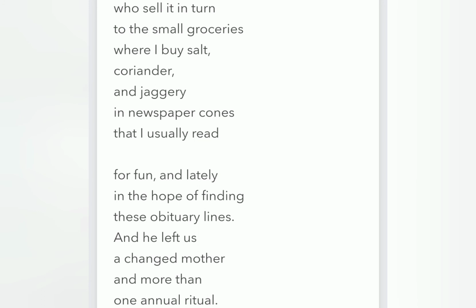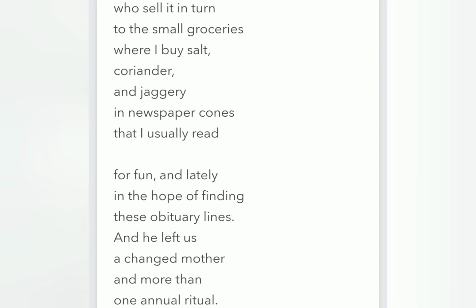So, this shows that the poet is not at all concerned about his father's death. The obituary column telling his father's death, that particular newspaper will also be sold and used and thrown away by people just like other newspapers.